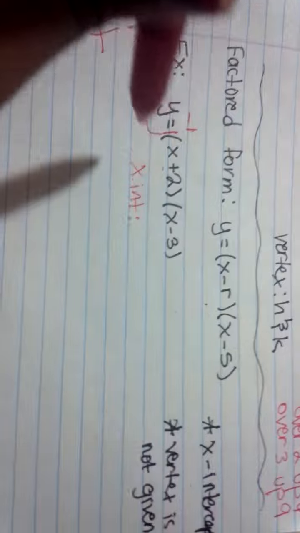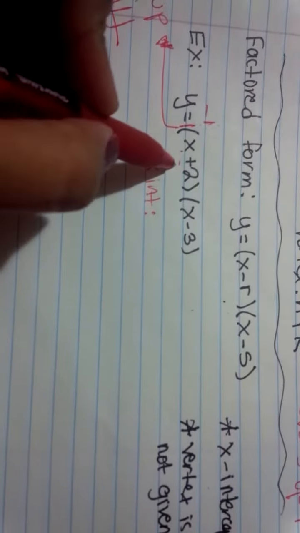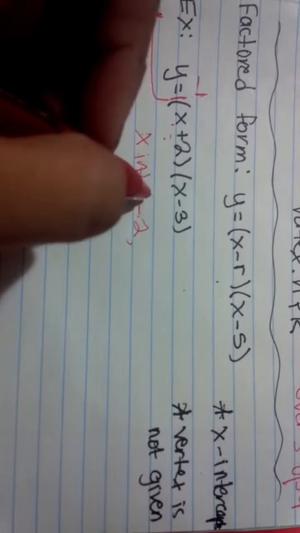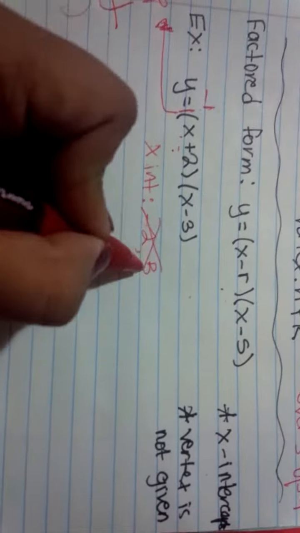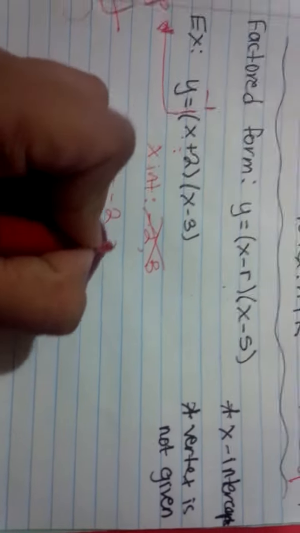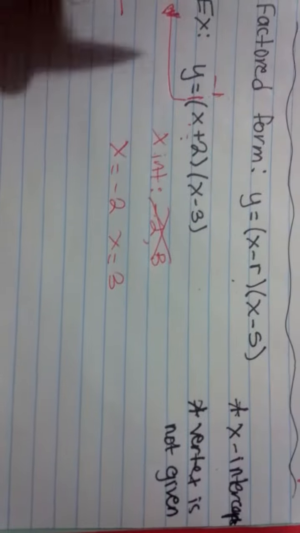But remember that everything in brackets is always the opposite, as we learned in the other video. So this positive 2 becomes a negative 2, and this negative 3 becomes a positive 3. But this is not the right way to write it. It's written like x equals negative 2 and x equals 3. That is how it's written for factored form.